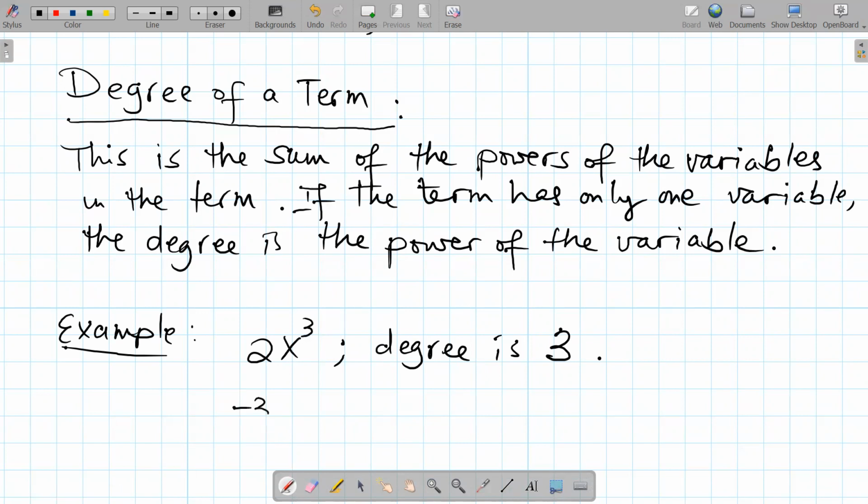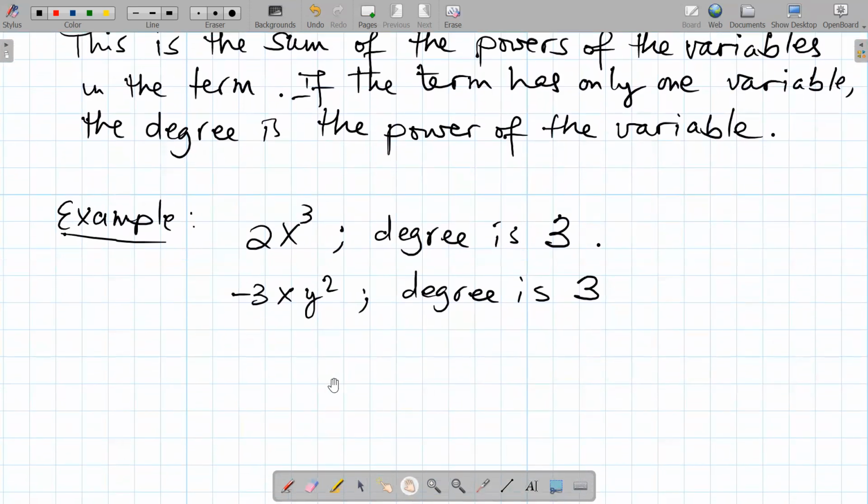If you have negative 3xy squared, the degree is also 3 in this case. And this is because we have 2 variables in this term.